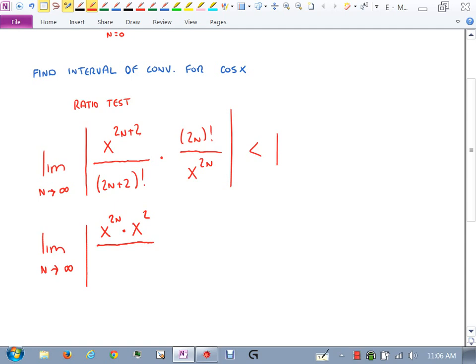That's how you peel each factor off. So it becomes 2n plus 2 times 2n plus 1. Why am I peeling off? So I can get the 2n factorial to cancel with the one on top over there. So I'm going to stop there at 2n factorial. And then on the bottom, x to the 2n. I need that to be less than 1. And I get some good cancellation here.